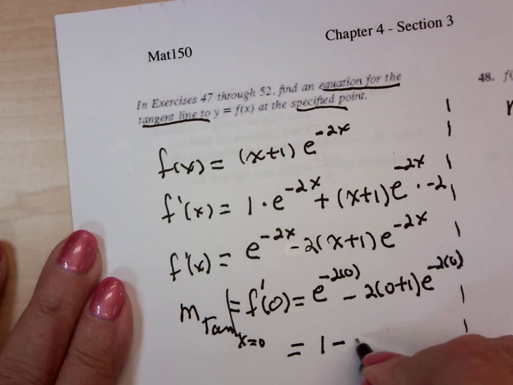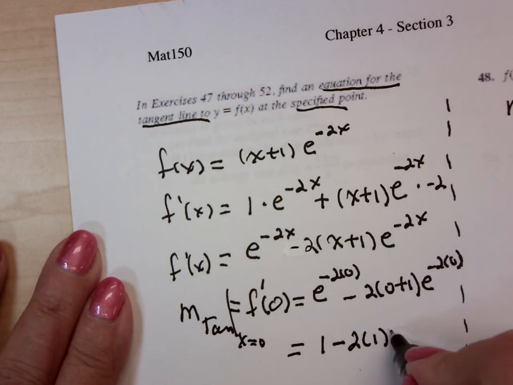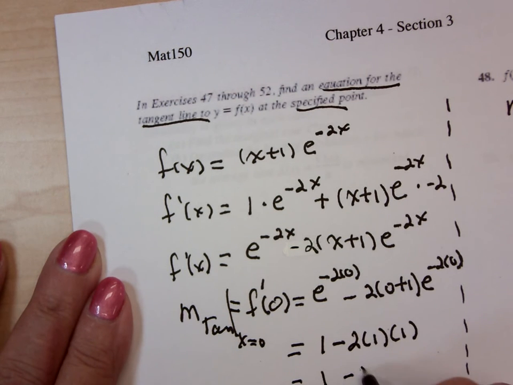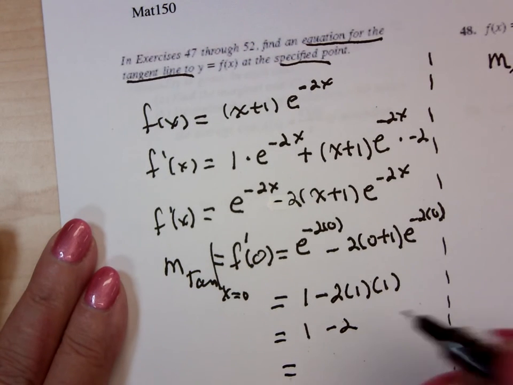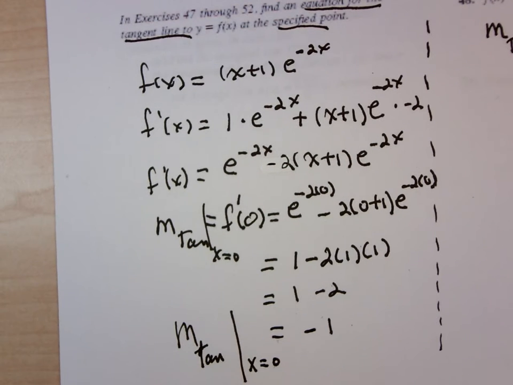So it's going to be minus 2 times 1, and e to the 0 is 1. So it's 1 minus 2, or negative 1. So the slope of the tangent evaluated at x equals 0 is negative 1.